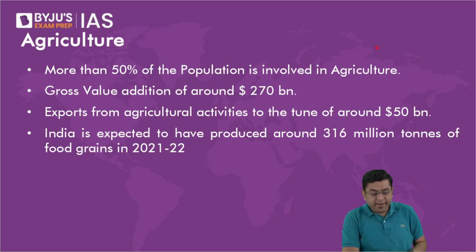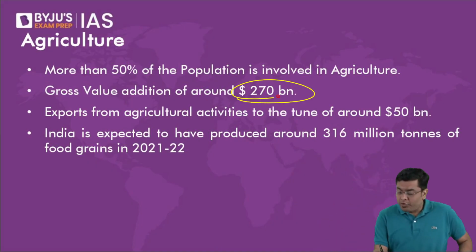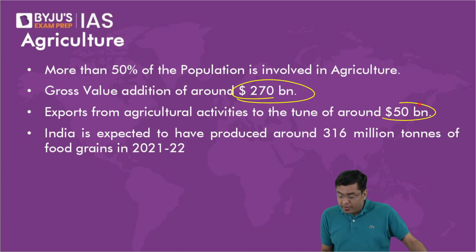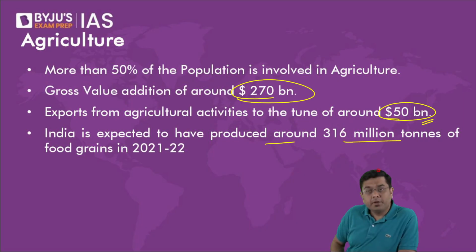So basically, when we talk about agriculture, more than 50% of the population is involved directly or indirectly in agriculture. Gross value addition is around $270 billion and more than that. When we talk about exports from the agricultural sector, it is close to around $50 billion.